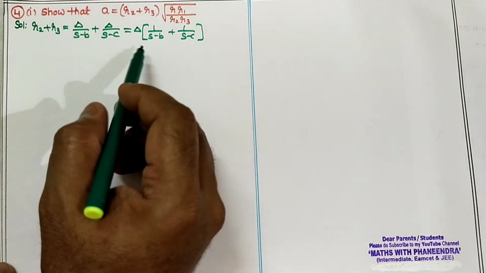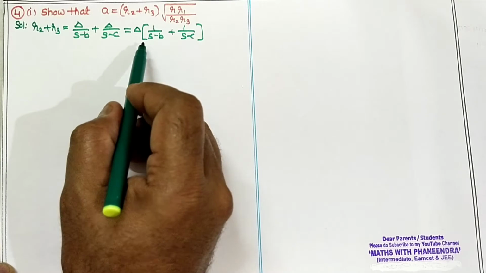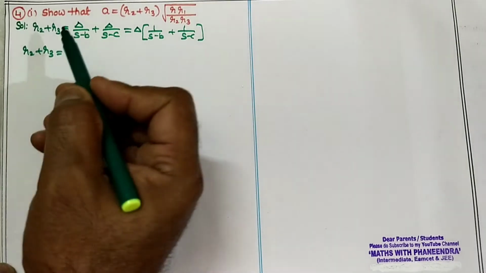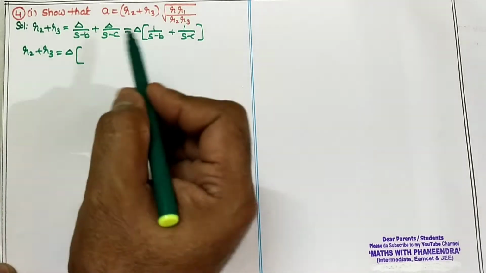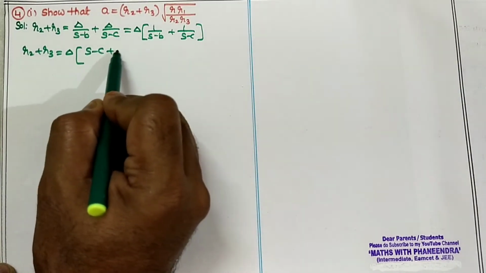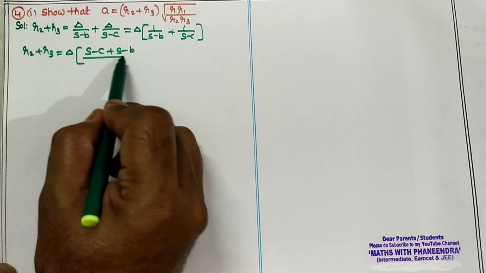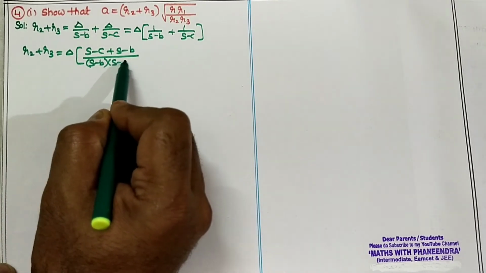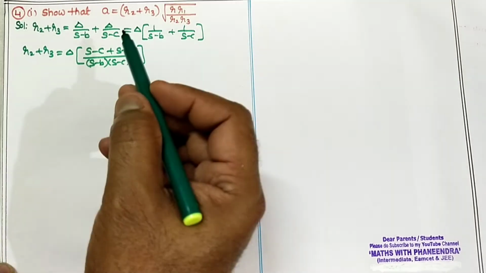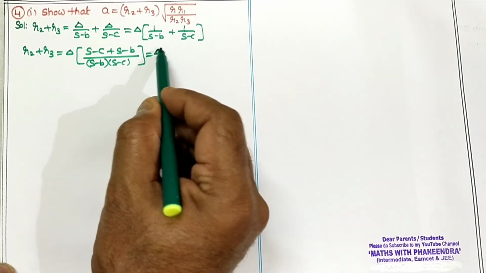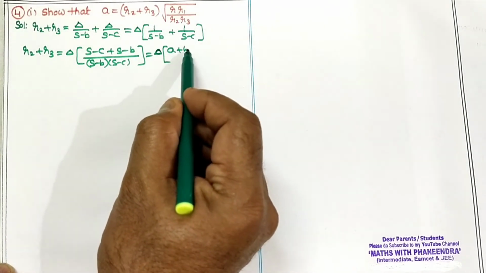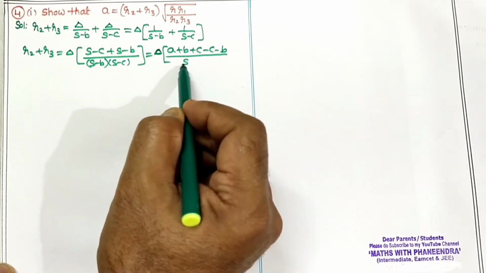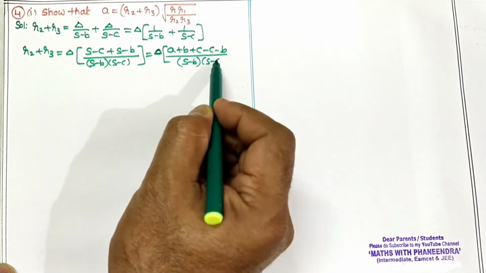So if we simplify this, it becomes r2 plus r3 is equal to delta into s minus c plus s minus b divided by s minus b into s minus c. S plus s is 2s, that can be written as delta into a plus b plus c minus c minus b divided by s minus b into s minus c.